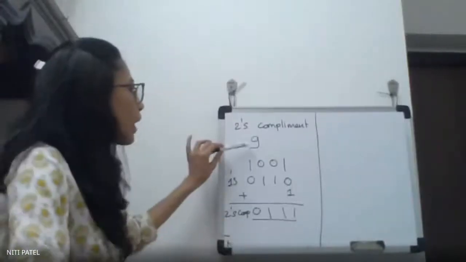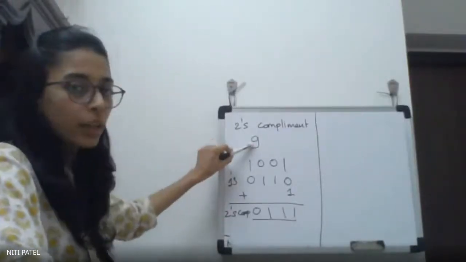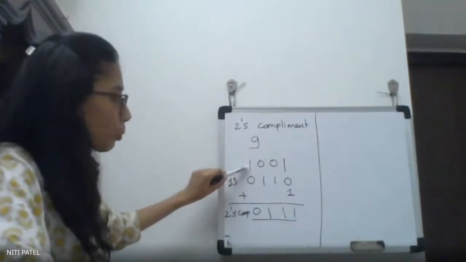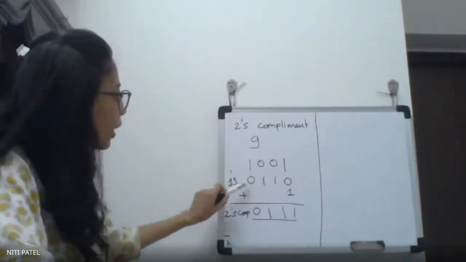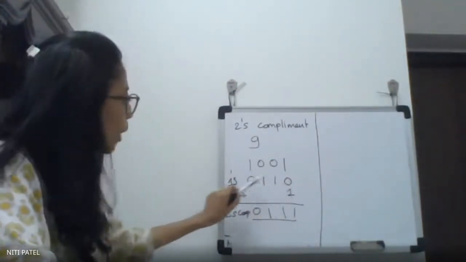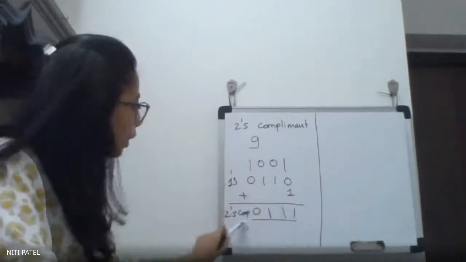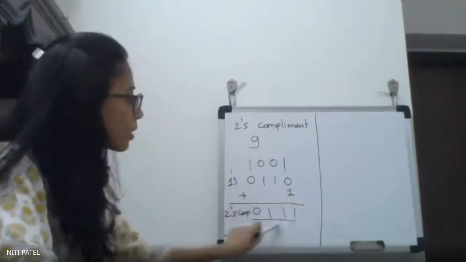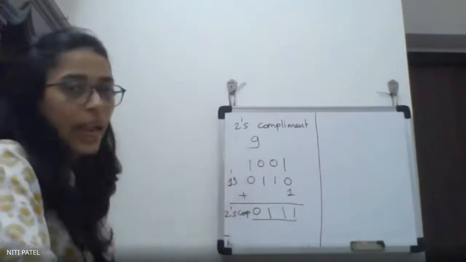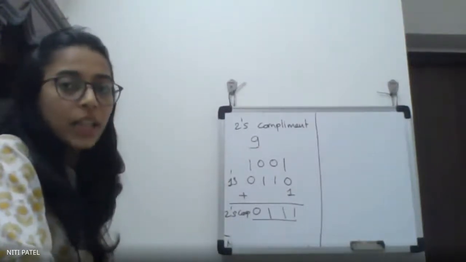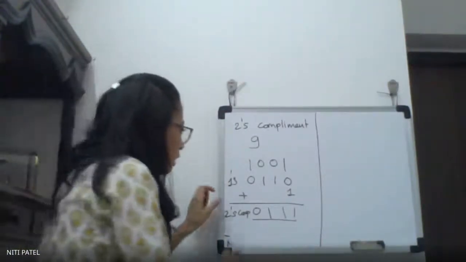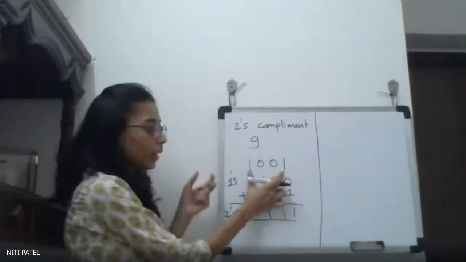So how do you calculate 2's complement for any number? You convert that number into binary, then you calculate the 1's complement, then you add 1 to it, and whatever you get after adding 1 is considered to be the 2's complement of that number. The other and simplest method is, you take the original number.